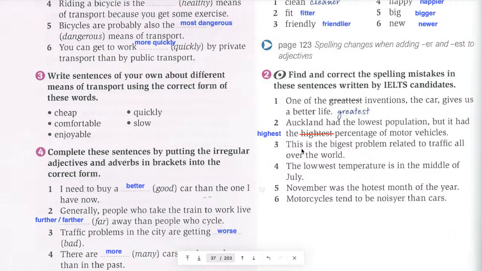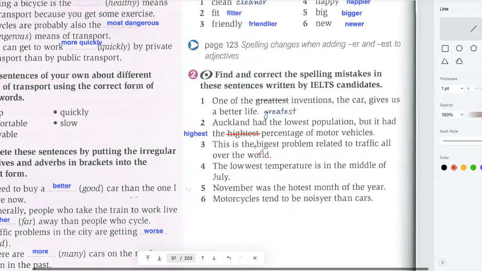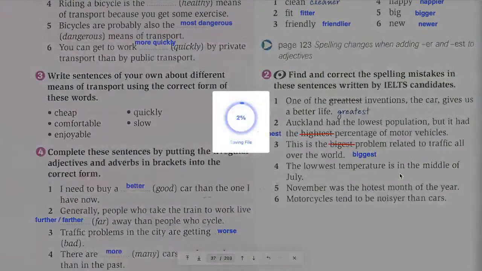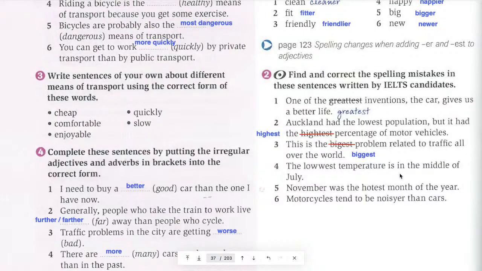Okay. Now number 3, Gia Hân. Okay, so which one is wrong? Biggest. Now we need to double G, right? Yes, double G. This is the biggest problem related to traffic all over the world. So if you use the word biggest a lot, you know that is double G. You don't need to memorize the rule, okay?